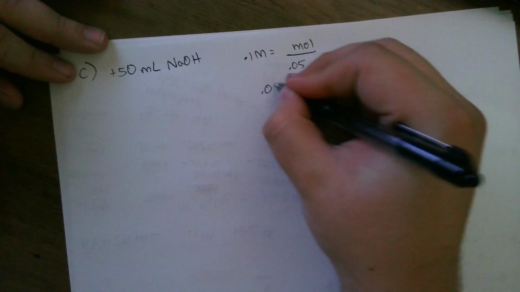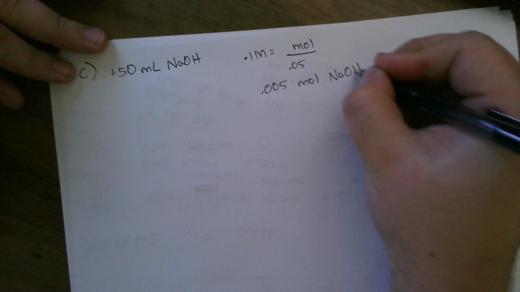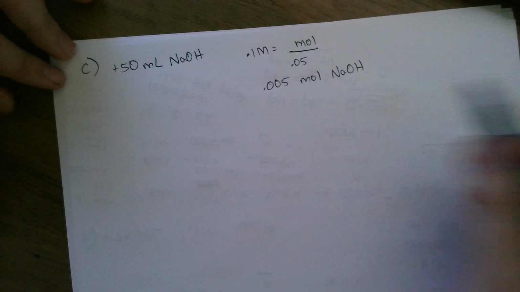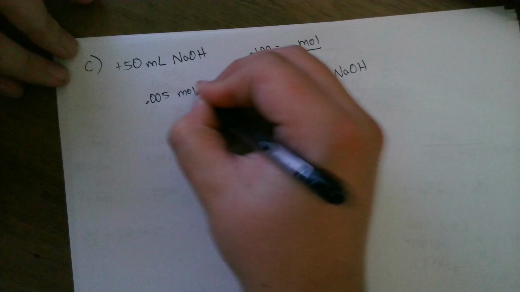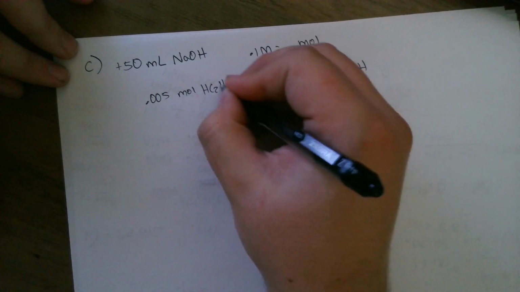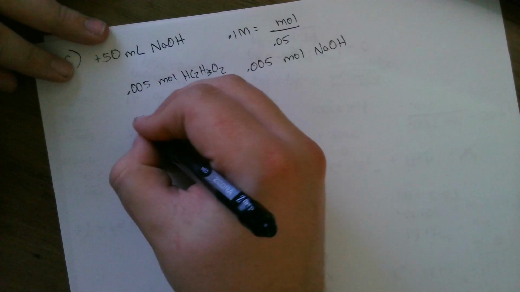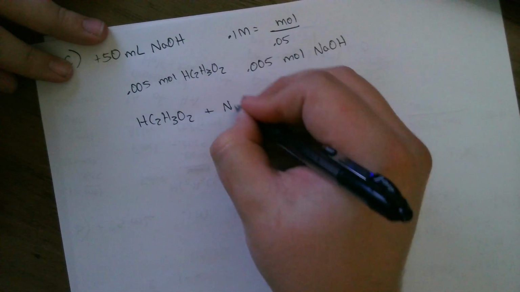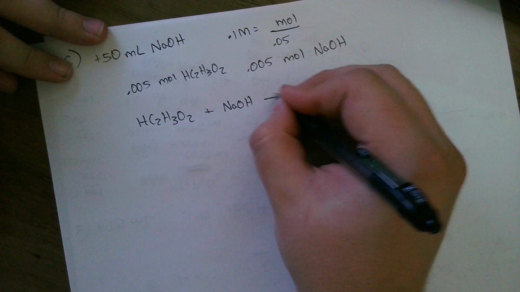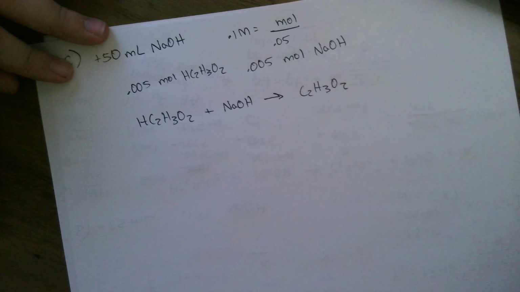So this is 0.005 moles of NaOH I have now, which is the same as my starting amount of my acid. So we're going to write out our reaction. The only product that really matters is this one, so that's the only one I'm going to write.